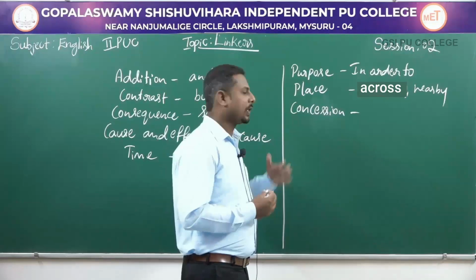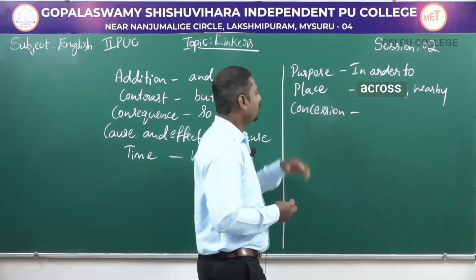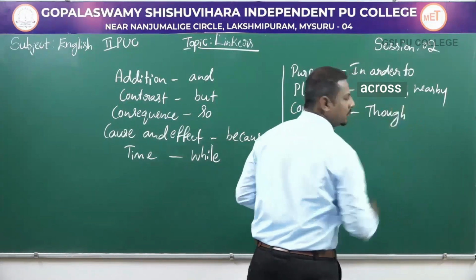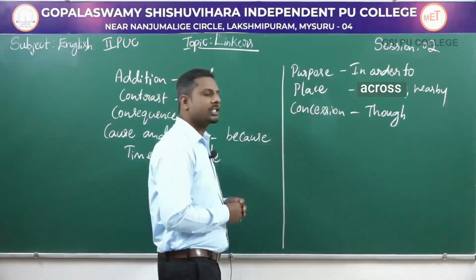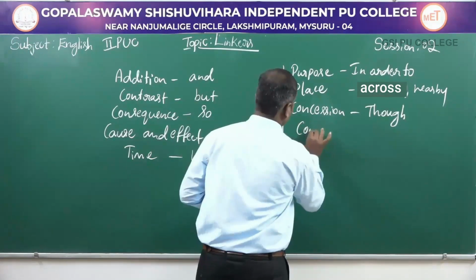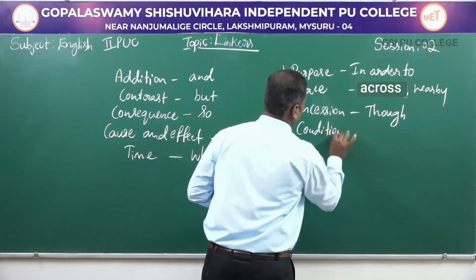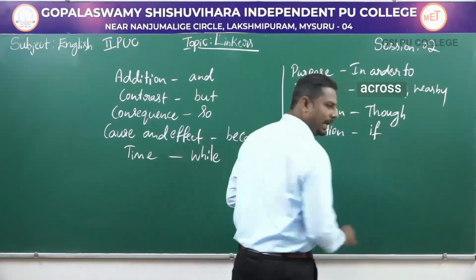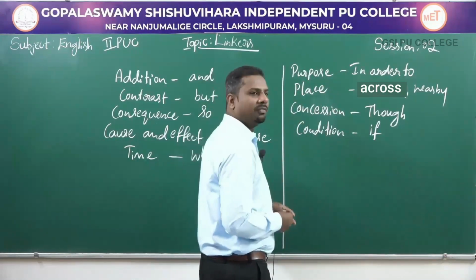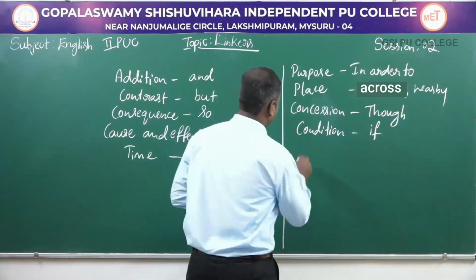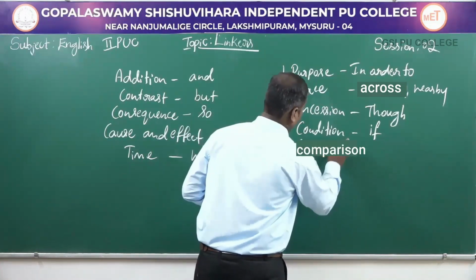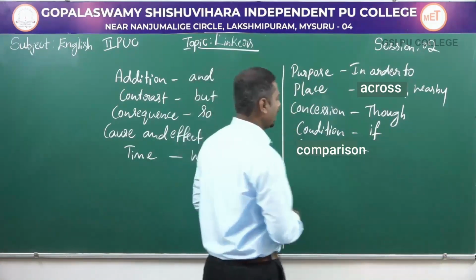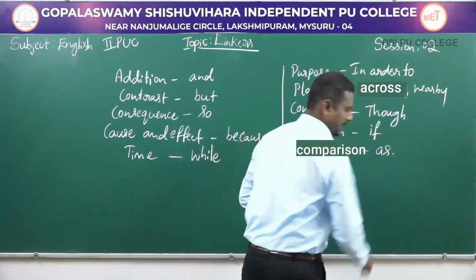Similarly, we have linkers to express concession, words like though, and we have linkers to express condition, words like if, and we have linkers to express comparison, words like as.